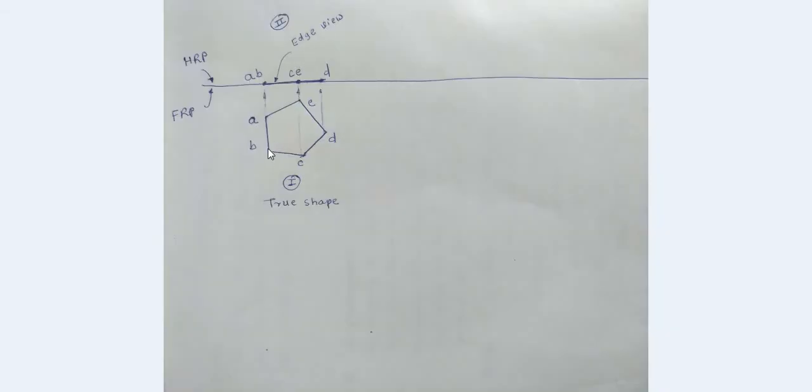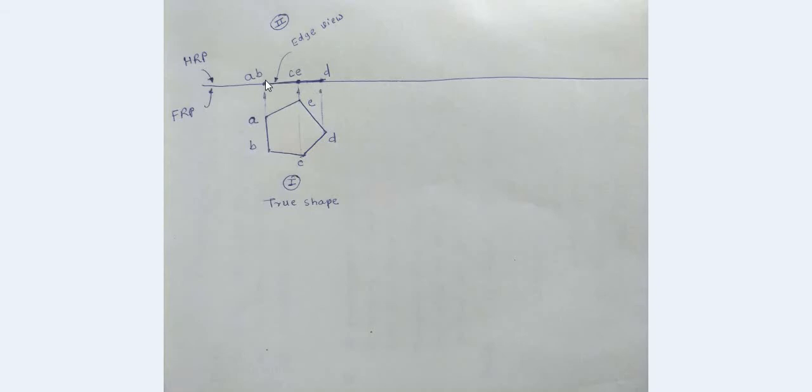We will project B point, A point. As we have drawn this edge as a vertical, the projectors of both these points would be same. This projection will be front view of A and B. This projector C and E will constitute front view of points C and E, and the sole point D will be having its front view as D here.